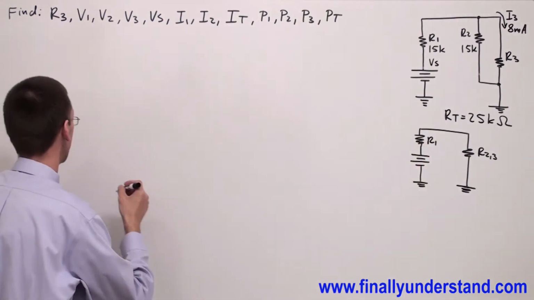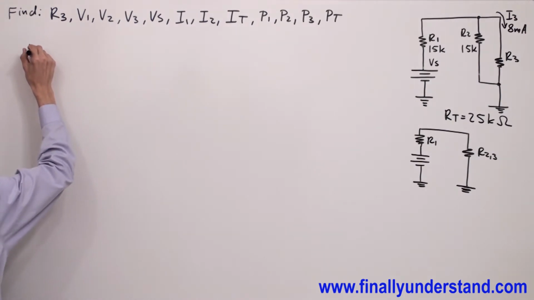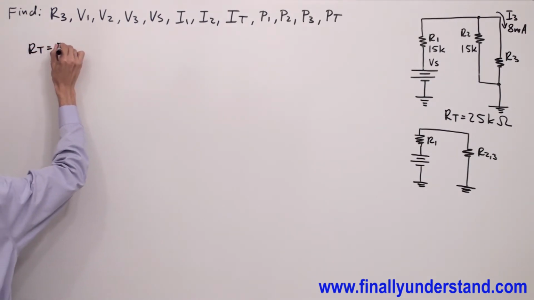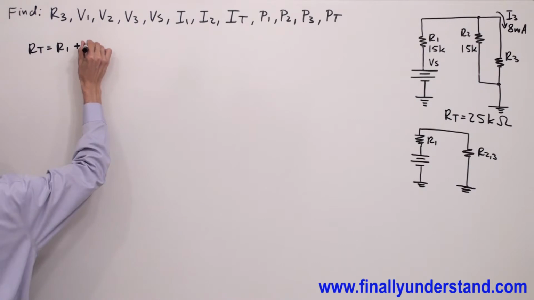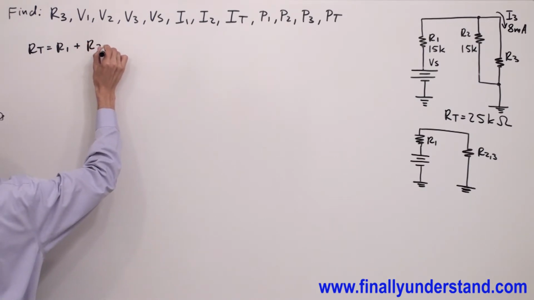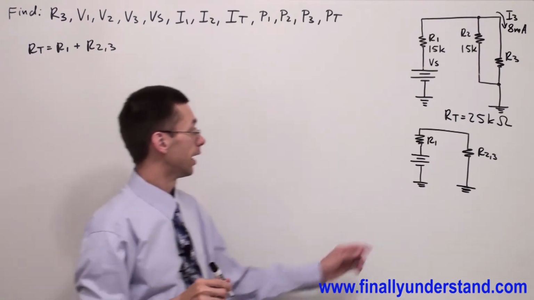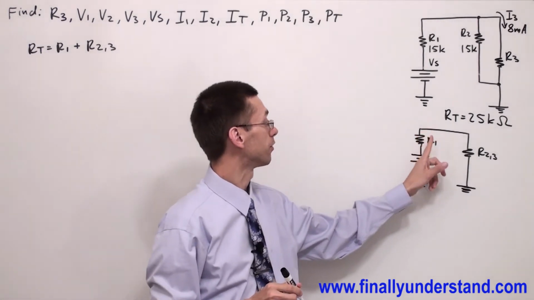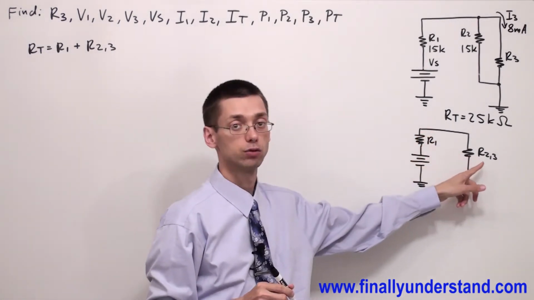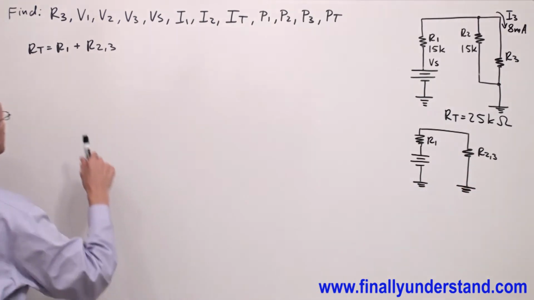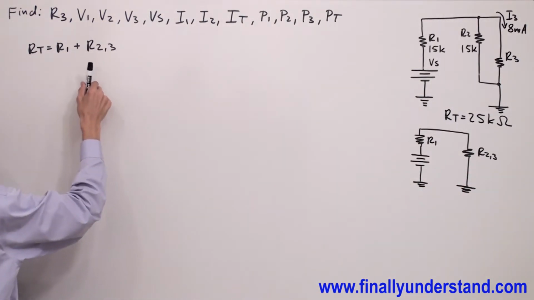Okay, so I can write that R total is equal R1 plus R2, 3, right? But I have R total, I have R1, I do not have R2, 3. So I'm supposed to solve this formula for resistor 2, 3.